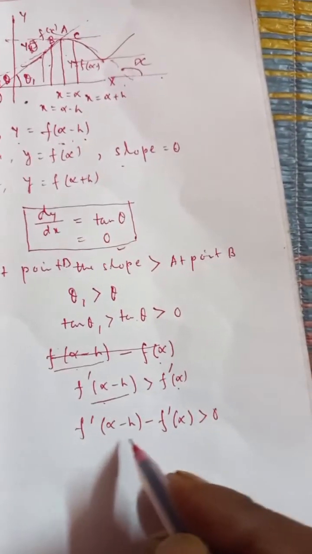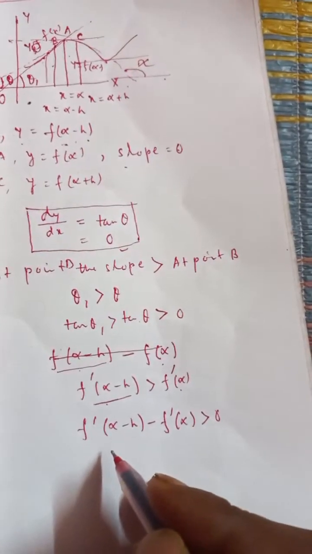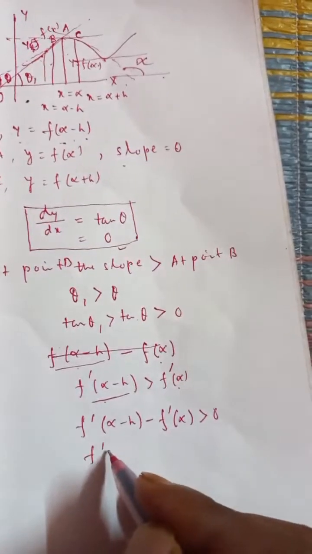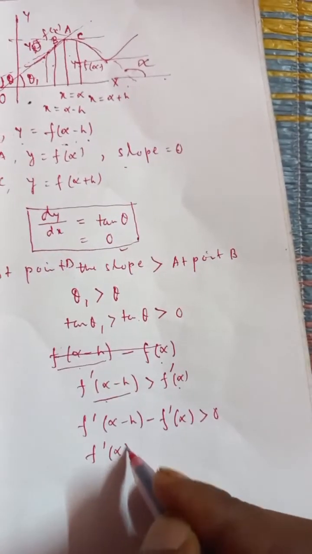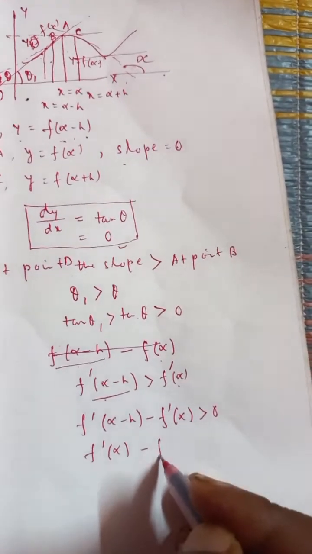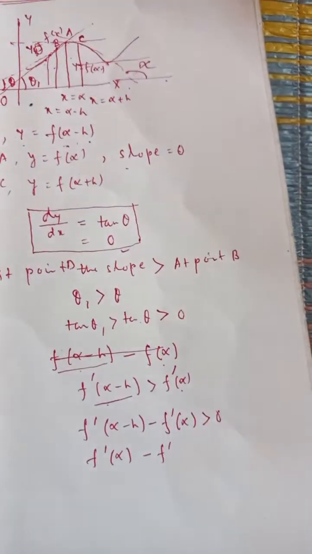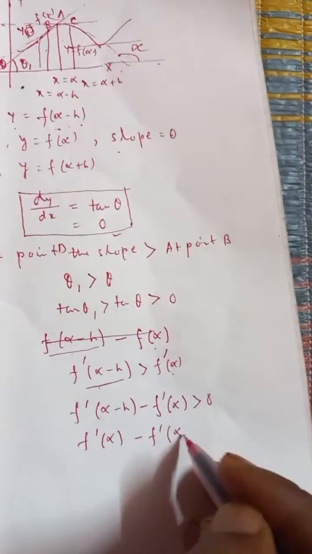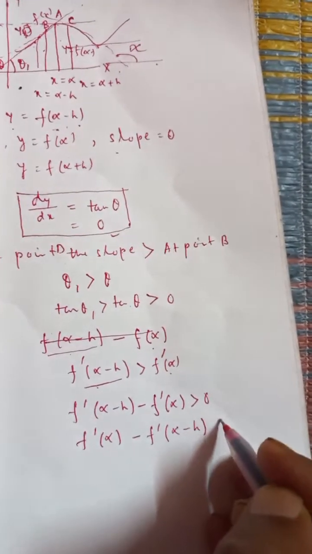So if we rearrange this, this will be the first derivative of f(x) at the point alpha minus the first derivative of f(x) at the point alpha minus h, less than 0.